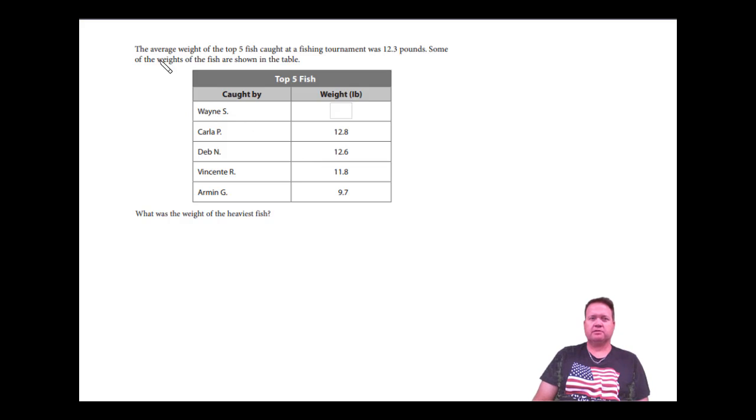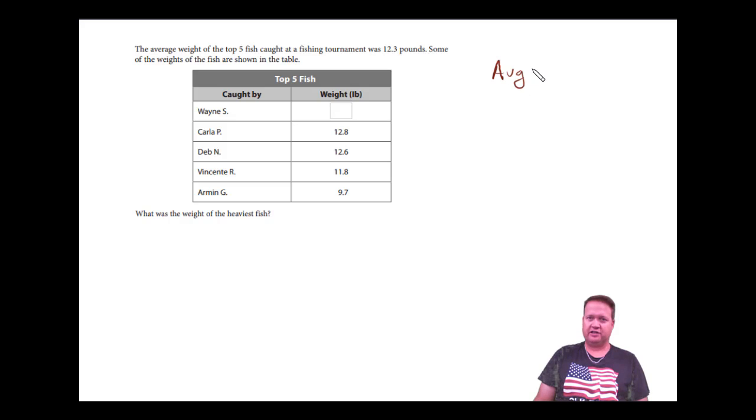So there's a couple more problems left in this lesson. This one here just requires a little bit of vocabulary clarification. It says the average weight of the top 5 fish caught at a fishing tournament was 12.3 pounds. That's the average.